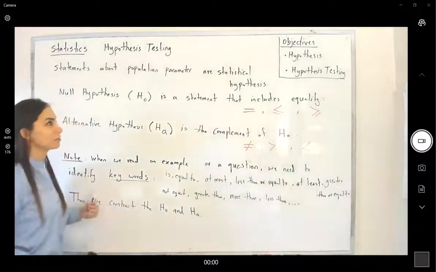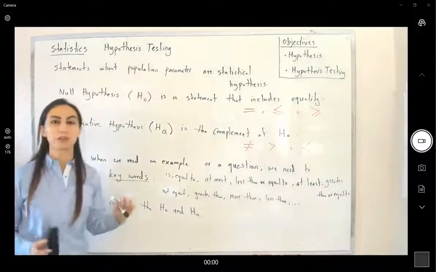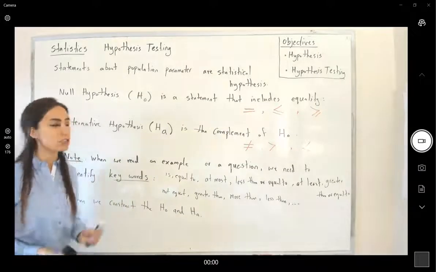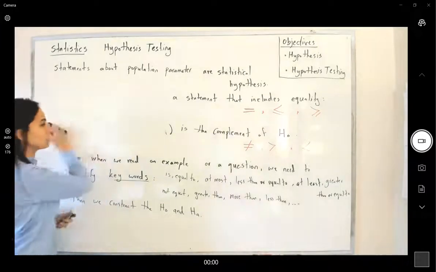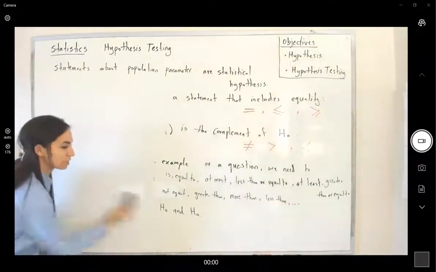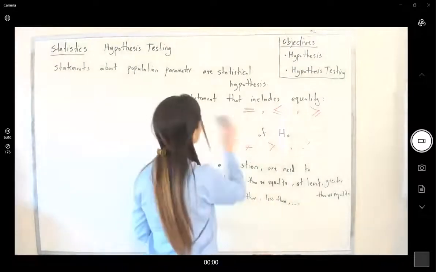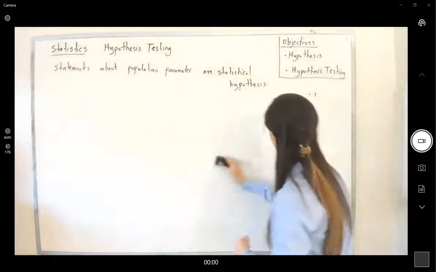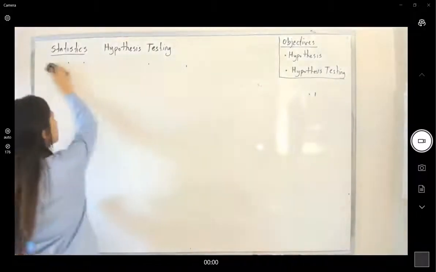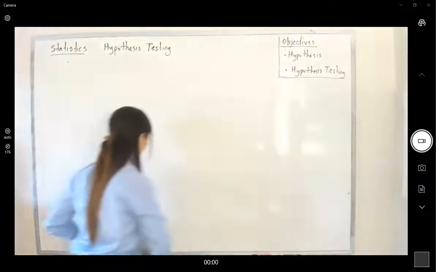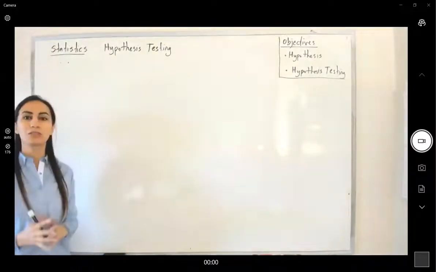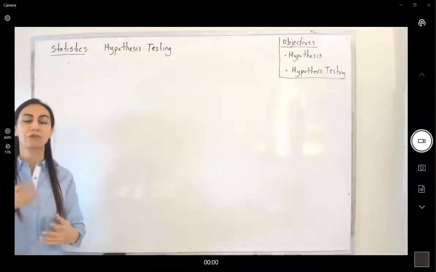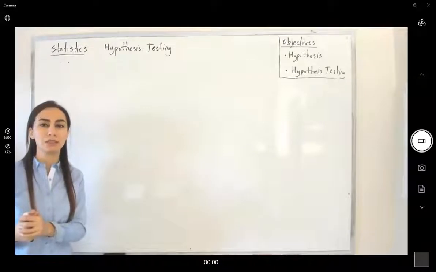Well, suppose you have information about a population parameter, or mean, proportion, standard deviation. We have different scenarios, different categories. So suppose you have information about a population parameter and it's related to the proportion.